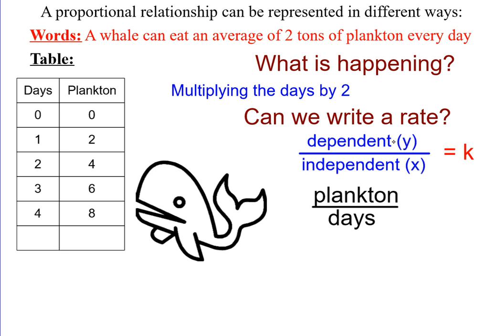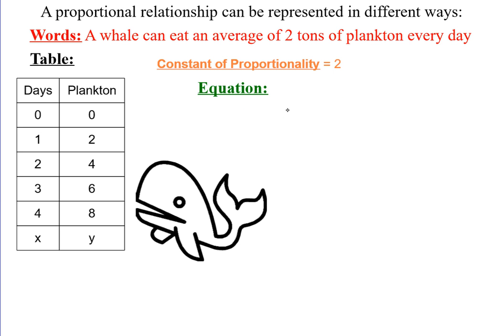So we can say that we have 2 tons of plankton divided by 1 day, and we know that 2 divided by 1 is equal to 2. So we do have a rate of 2. We're going to call that our constant of proportionality right here and call that 2. Now from this, we can write an equation.